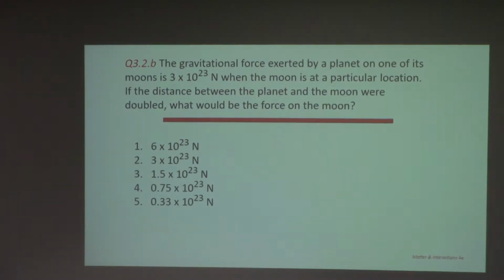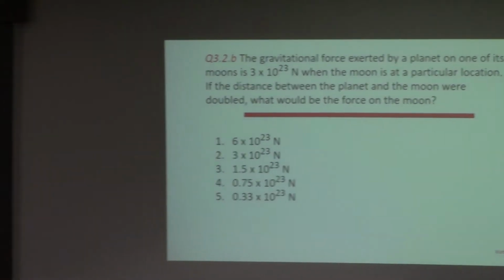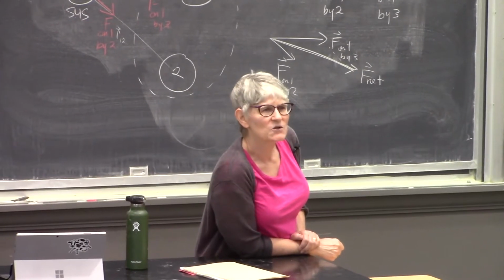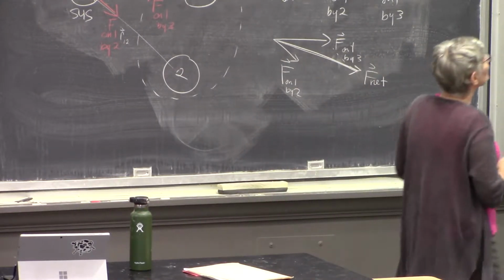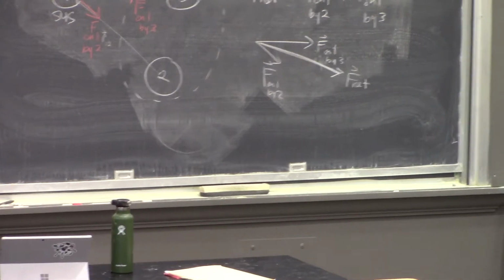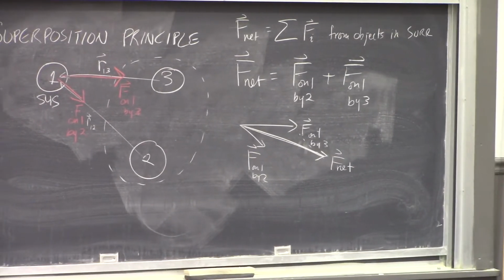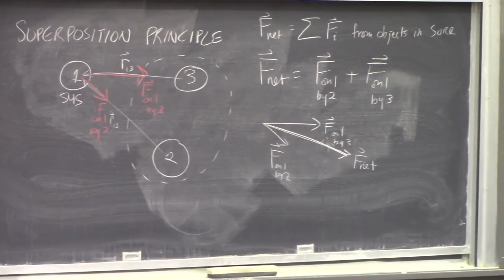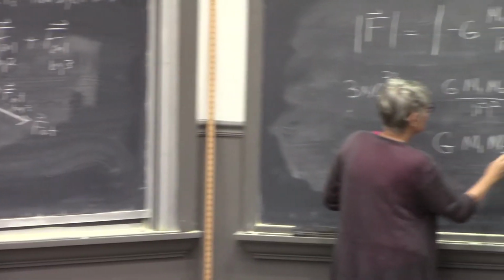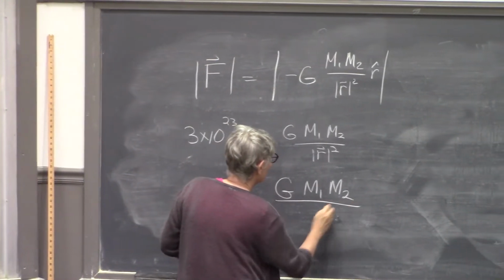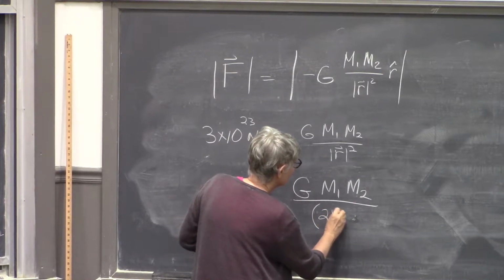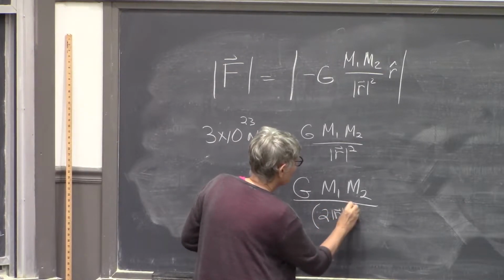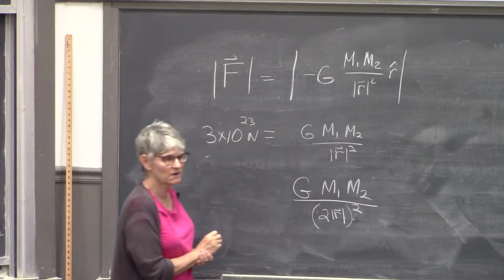Okay, what's the answer? Ooh, you guys are pretty good. Okay, mostly 4. That is the right answer. Let's see why. We have G is the same, m1 is the same, m2 is the same, but here the quantity is 2 times the magnitude of r, squared, isn't it?